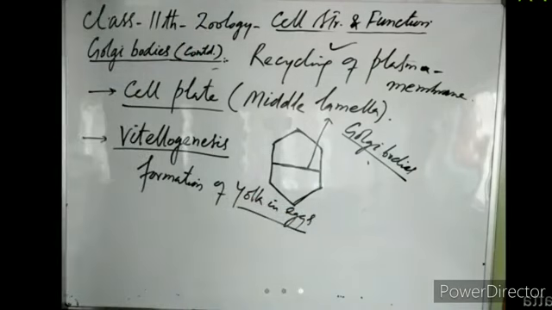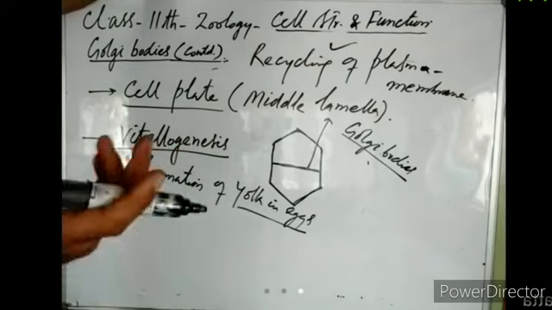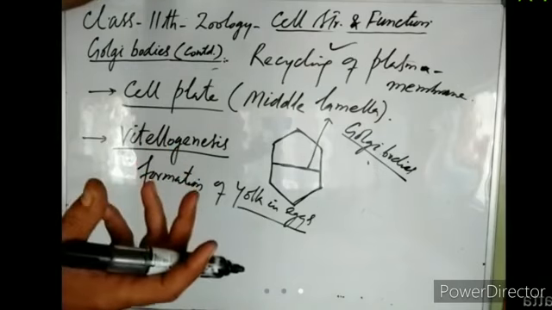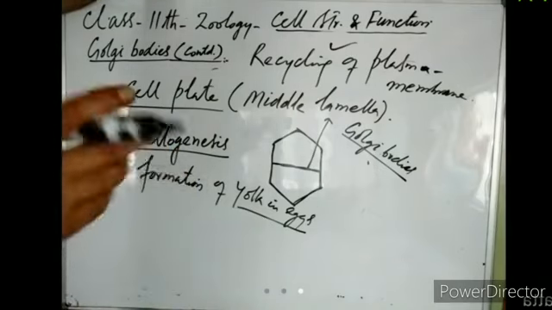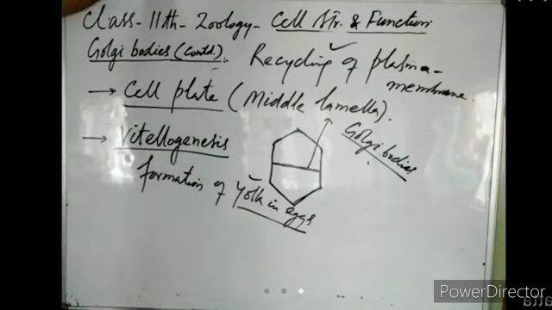As you know, this yolk is a lipid. Yolk is entirely lipid. So this lipid is received by the Golgi body, which concentrates it, and then the Golgi body turns this lipid into yolk and it forms the yolk of the eggs, right? So this vitellogenesis, formation of yolk in the eggs, is a function of the Golgi body.